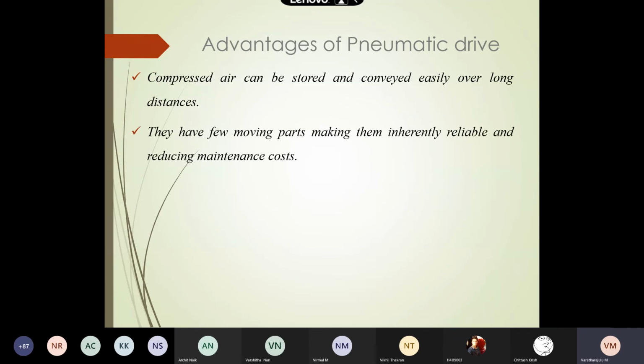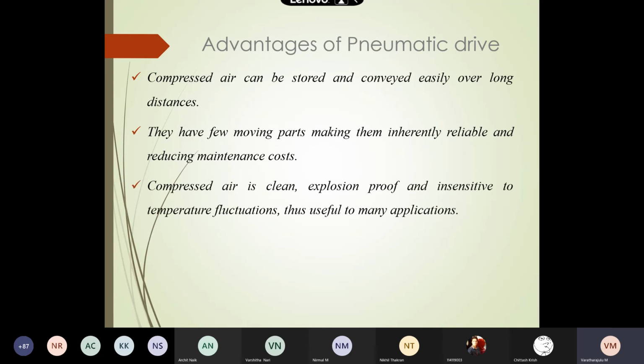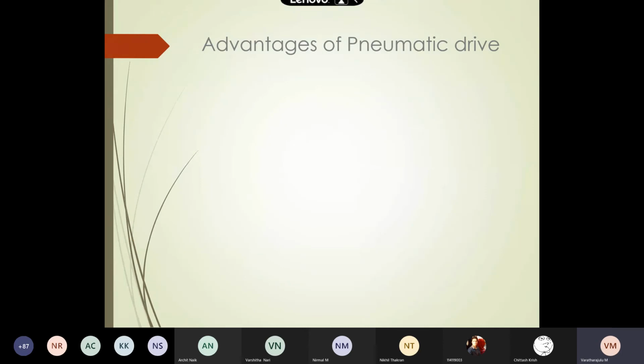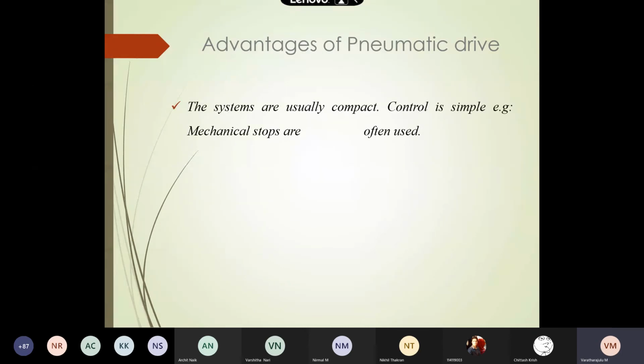They have few moving parts, making them inherently reliable and reducing maintenance cost. The compressed air is clean. They are explosion proof and insensitive to temperature fluctuation, thus suitable for many applications, and no mechanical transmission is usually required. The systems are usually compact.